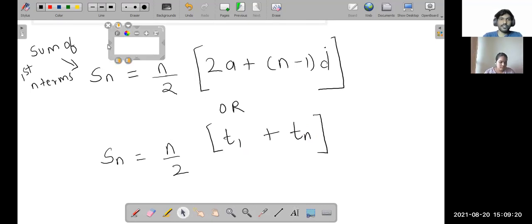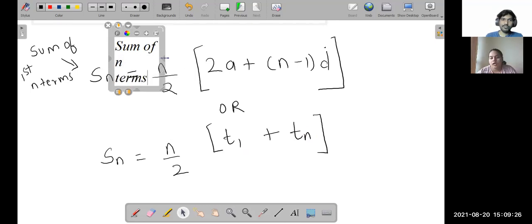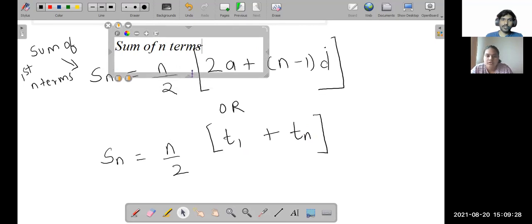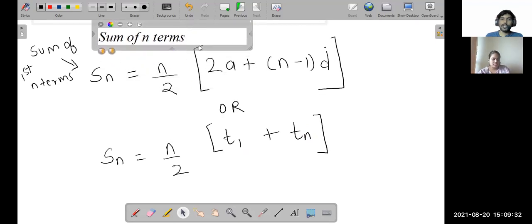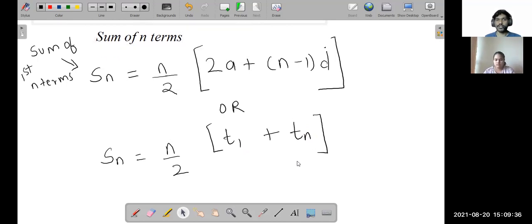And give the heading sum of n terms. Should I write all the formulas on one page, or as they come? Later on, you can do that. Write it on one single page and keep memorizing them. This chapter has only three formulas.